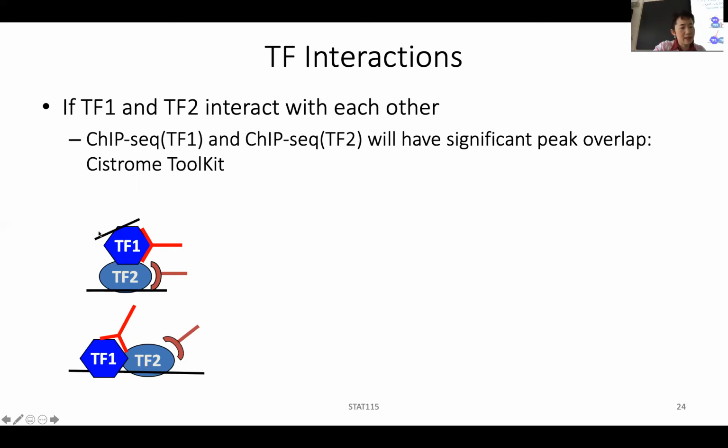But in this case, one peak only has one, because you use this antibody to drag down this piece of DNA, which will be enriched, but this piece of DNA will also be enriched because they're all together. And so you might see that if you do ChIP-seq of TF1, there are some regions that only have the TF1 motif, but there are also regions that only have the TF2 motif. And that is an indication that these two transcription factors work together.